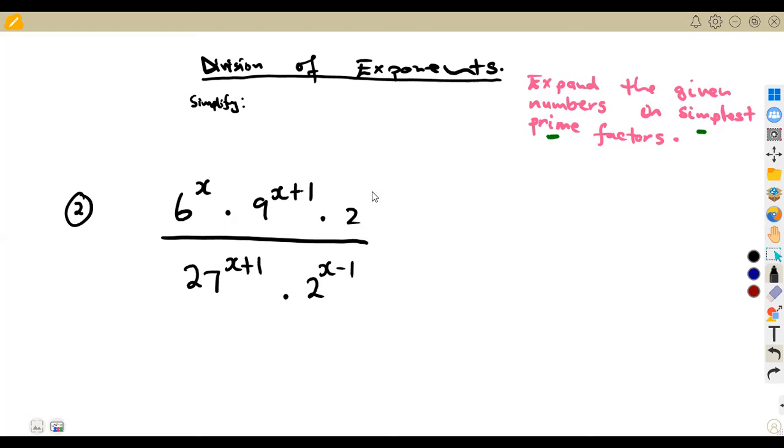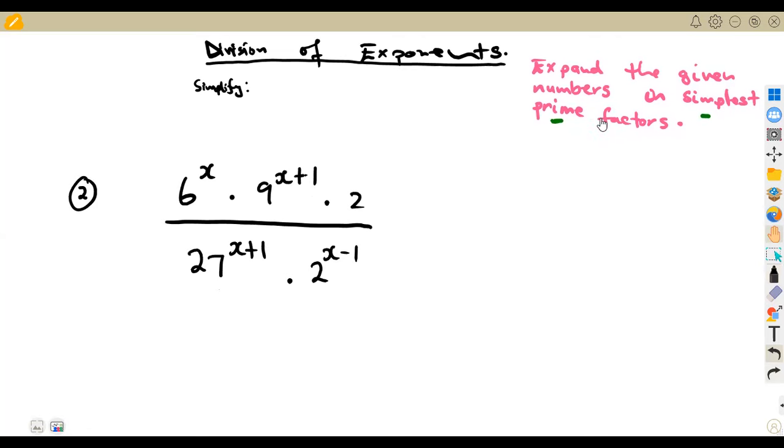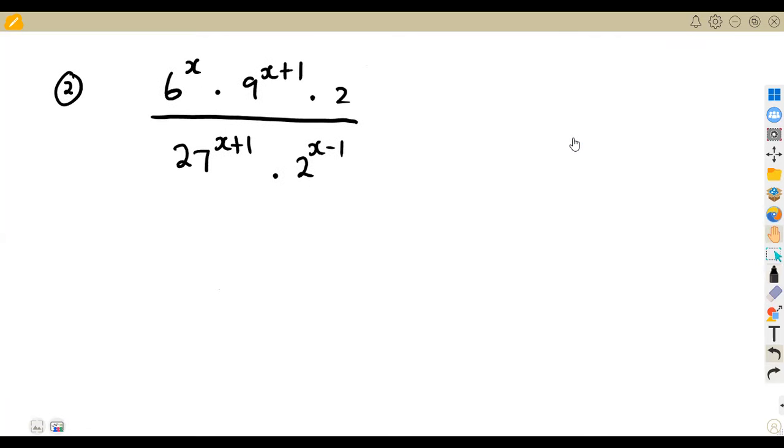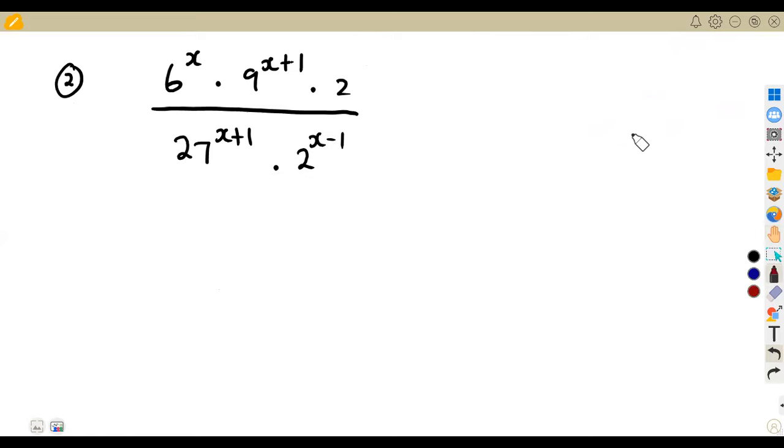If we check properly here, this is what we have. Again, like I said, in simplest prime factors. 6 as a product of prime factors is simply 2 times 3, right? So this is going to be 2 times 3, but everything is being raised to the exponent of x, times 9, which is the same as 3 times 3.